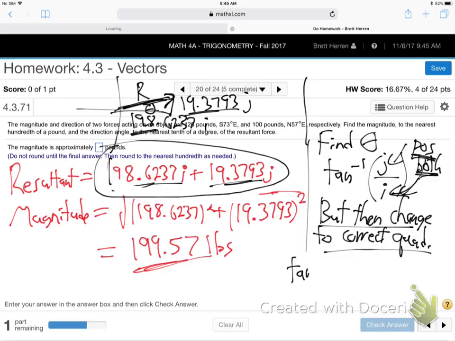So inverse tangent of 19.3793 over 198.6237. Hit the buttons on your calculator.